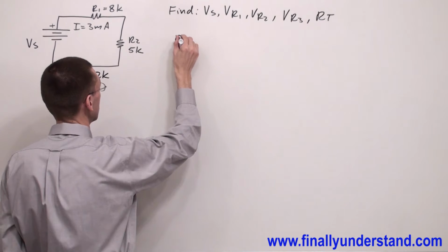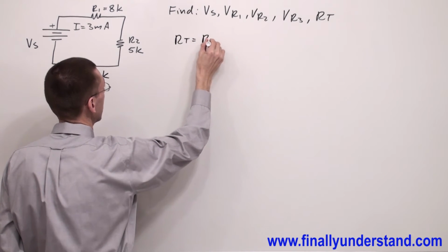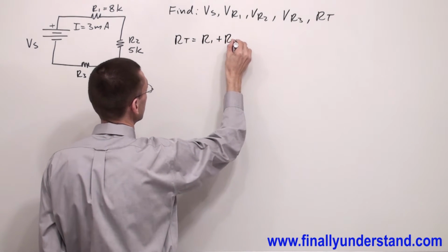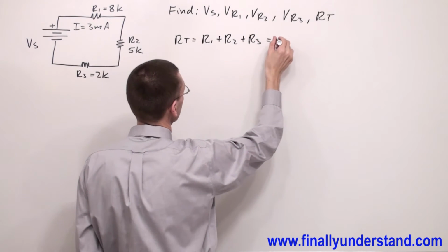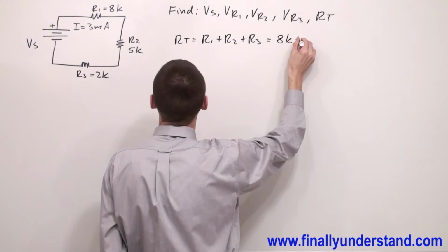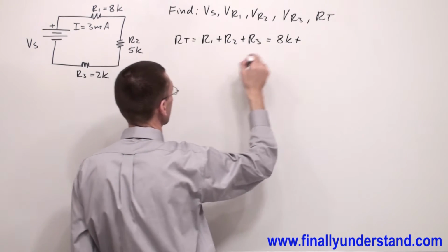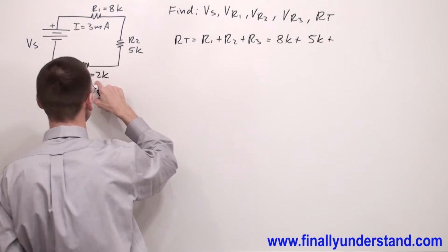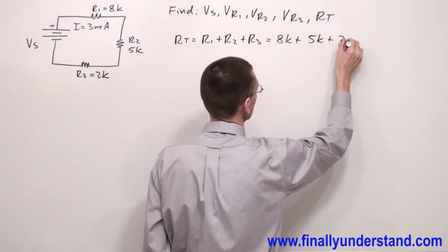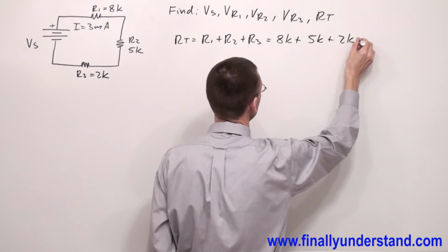Formula for R total is R1 plus R2 plus R3, which is equal 8 kilo plus R2, which is equal 5 kilo plus R3, which is equal 2 kilo.